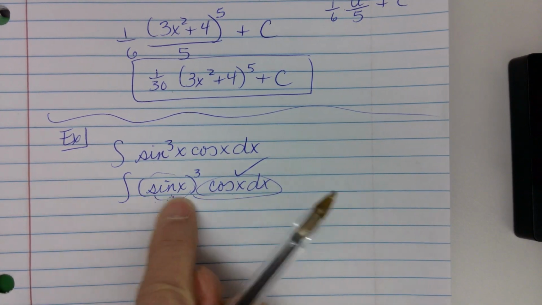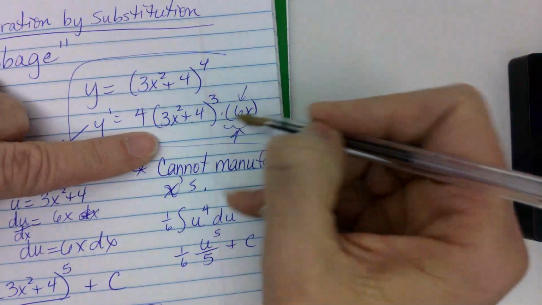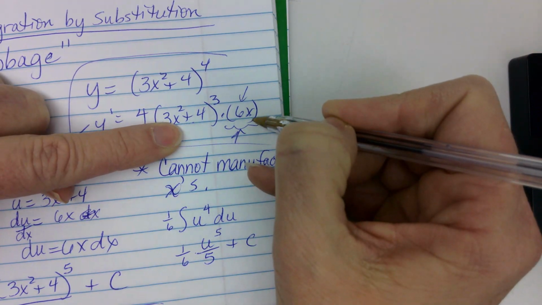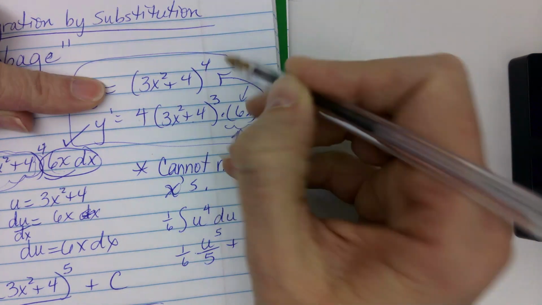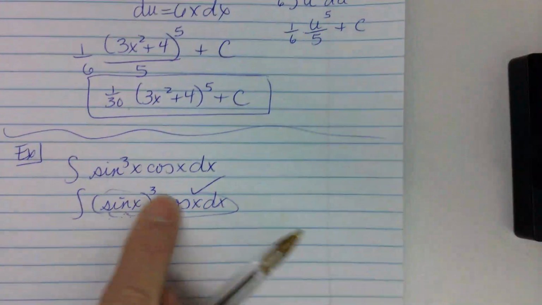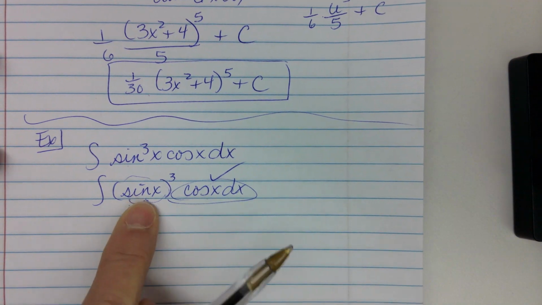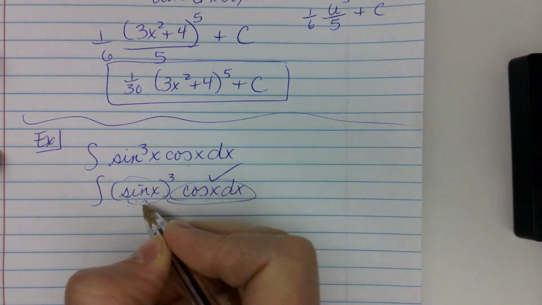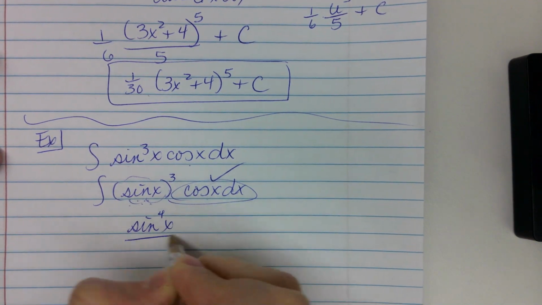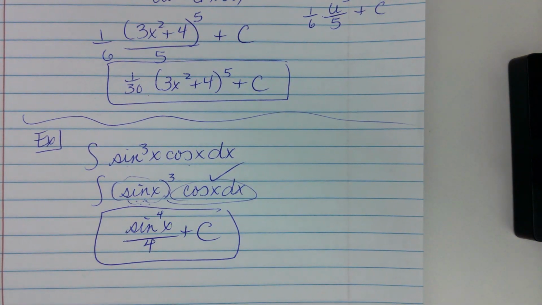Once the derivative of the blob is there, I check it off, because when we applied the chain rule, we had to manufacture or multiply by the derivative of the blob, right? But if I take the antiderivative, do you see a 6x anywhere in there? No. So I literally have to have it there, and then I ignore it. So what do I do to a blob to a power? Add 1 to the power, divide by the new power.